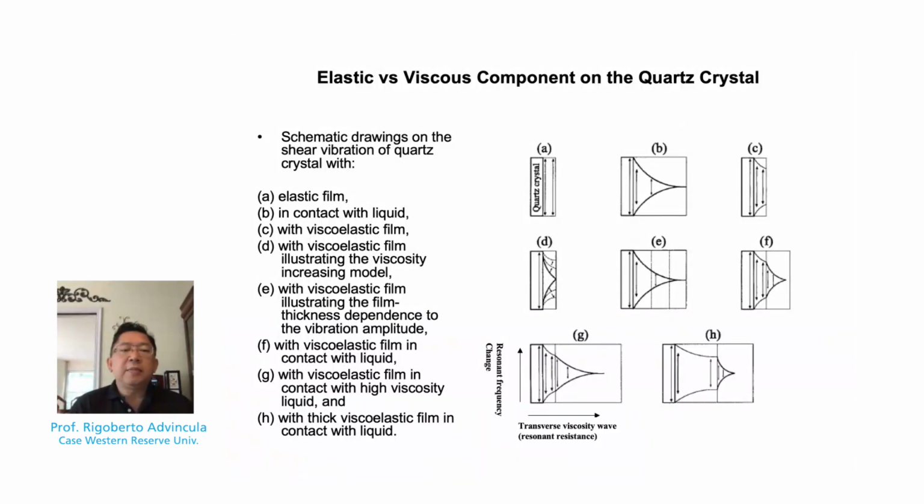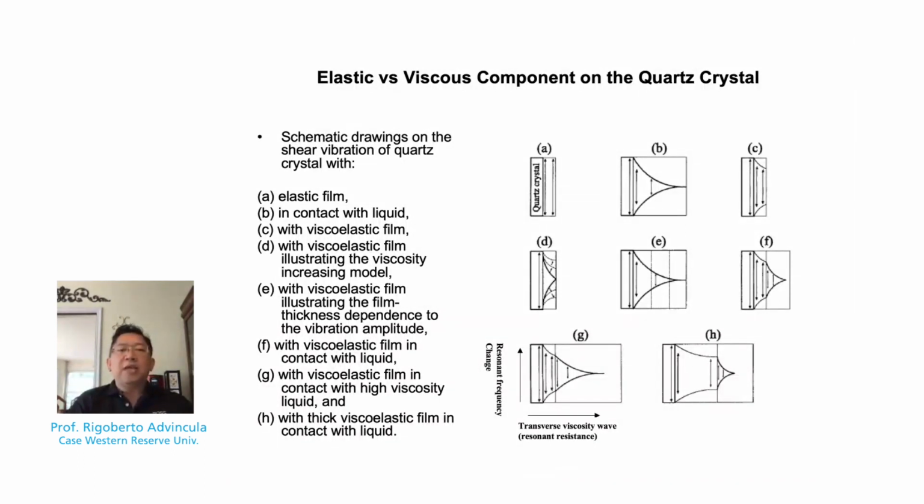D with a viscoelastic film and a viscosity increasing model. Or shown in E is the film thickness dependence to the vibration amplitude, and so on and so forth. So in all these scenarios, one can see that the viscoelastic component can be distinguished on the quartz crystal along with a deposited film that then shifts this behavior as a function of the dielectric material thickness.